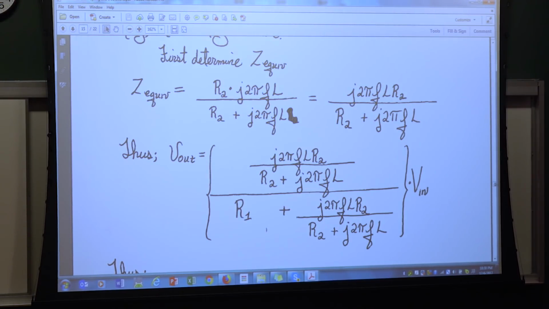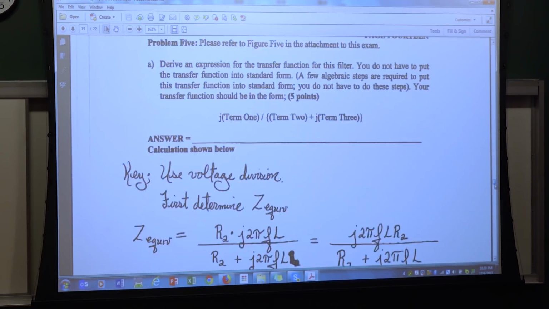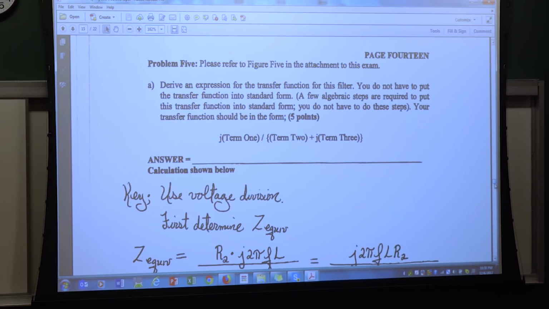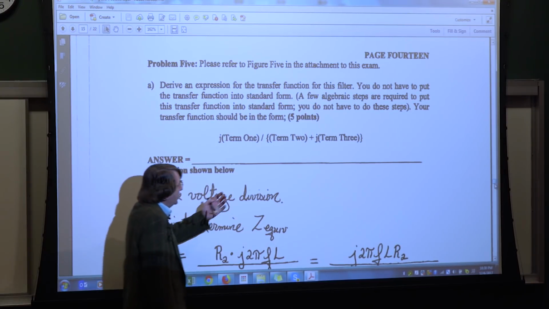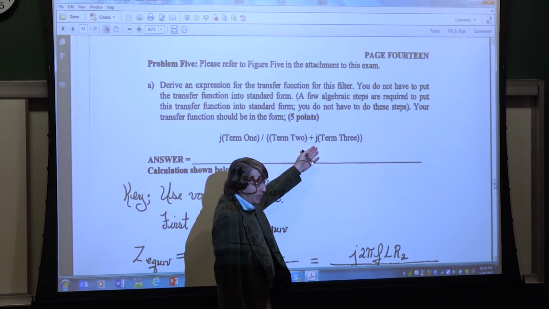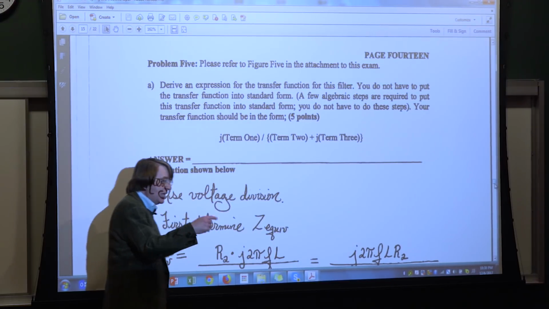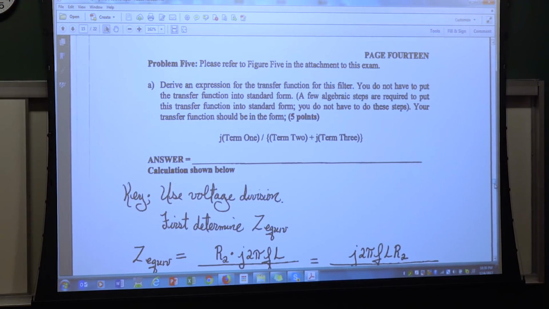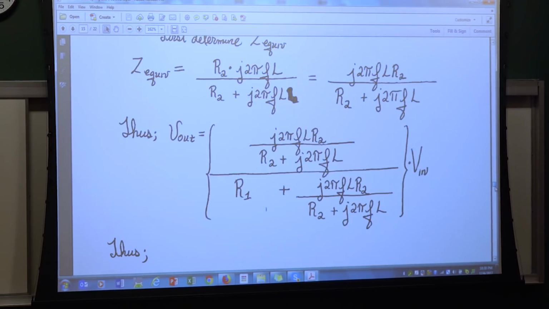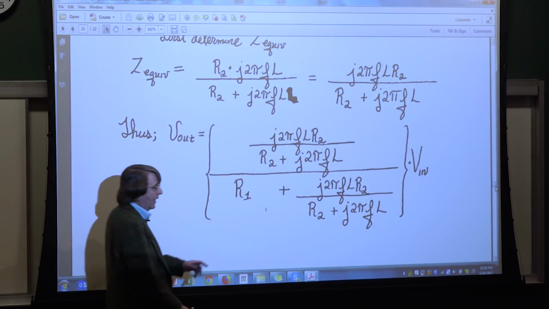Let me go back and read what I wrote. I asked for J times something over another term with no J plus J times a third term. I think you will have a hard time pulling out the J. This would pose some problem for me how to pull out the J here.